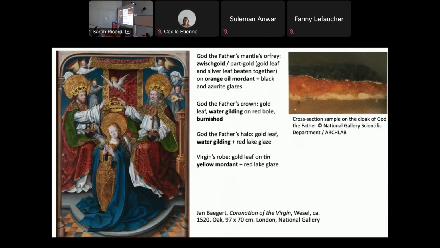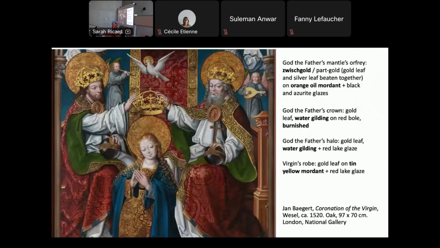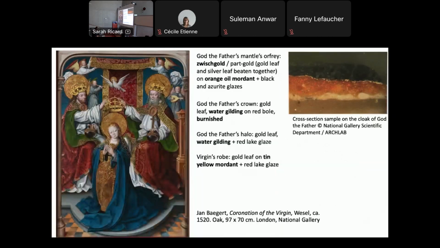Another instance here, the final one for this section, is a coronation of the Virgin, where we have a very large array of techniques used, but also of metal leaves, because in the mantle of God the Father, for these motifs that are visible here, we have the use of a Swiss gold that is pop gold, actually. So it is a combination done by the gold beaters of silver leaves beaten all together with gold leaves in a very, very thin thickness.